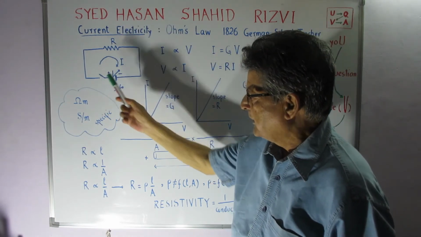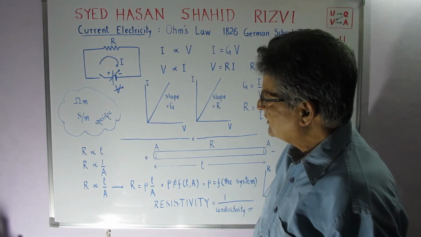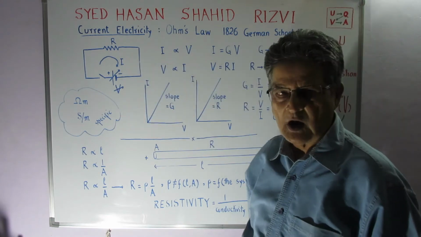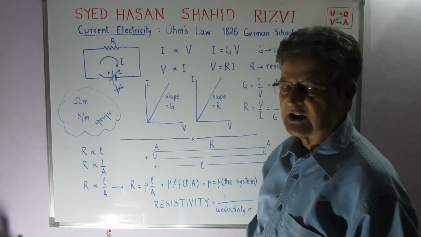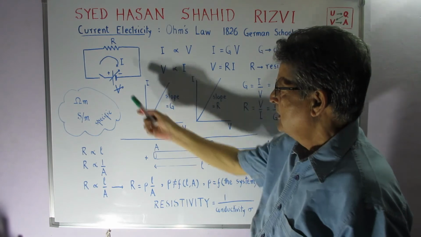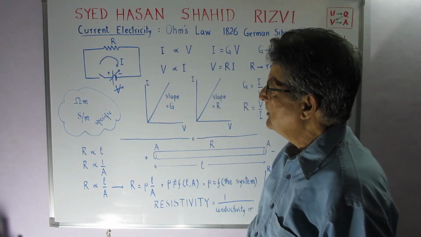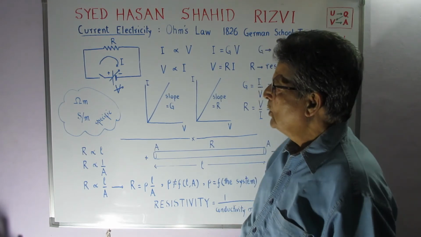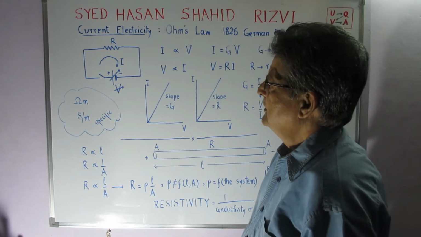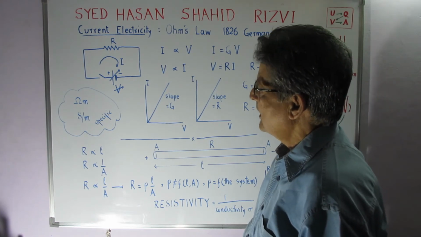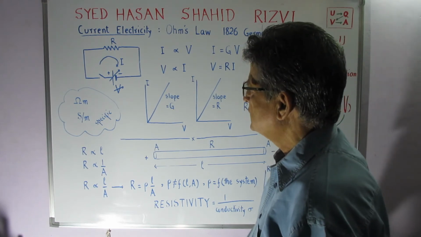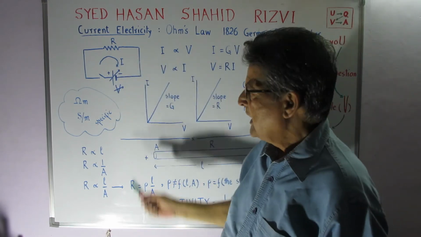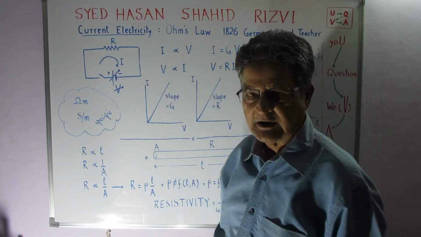Of course, the switch is made. Once the switch is made, then this cell or battery or whatever source of EMF, as I told you, electromotive force, is there, and the potential is variable. We can fix the potential and change the value of V. And of course, Ohm used a meter for measuring the potential difference and a meter to measure the current.